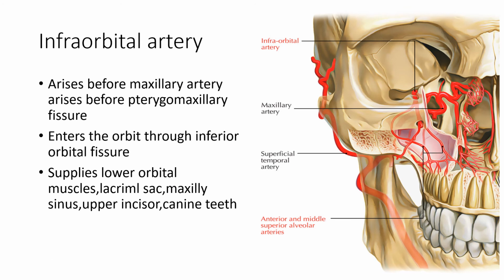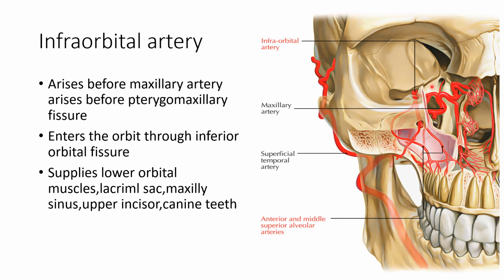Then we have the infraorbital artery. This artery comes from here, and then here, and then here, and it supplies all this region. It enters the orbit through this fissure. You know that this fissure is the inferior orbital fissure.